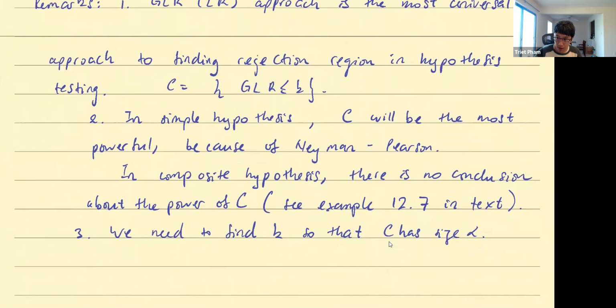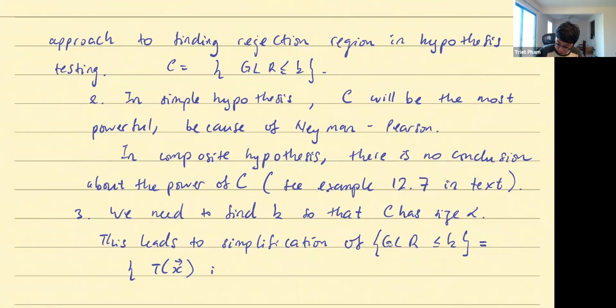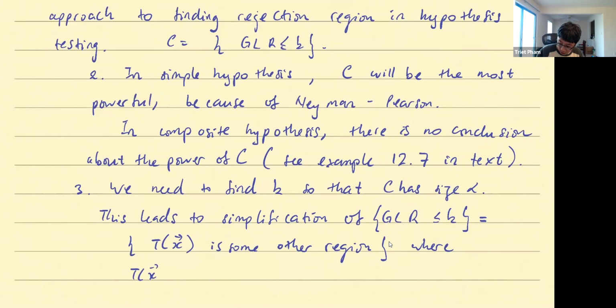And you can see that this leads to a simplification of the GLR rejection region into some other region, where T of X is some statistic that we are familiar with.